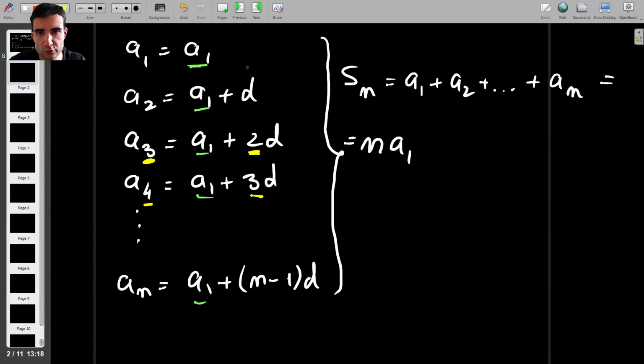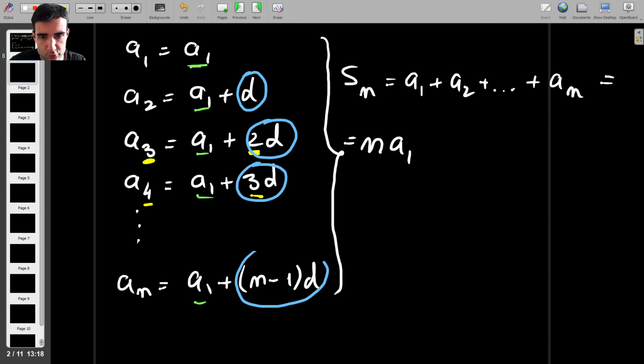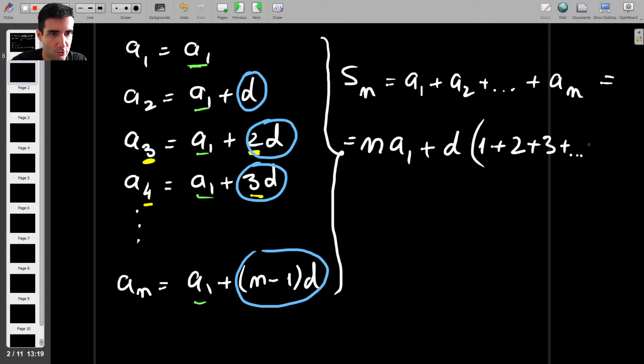And then we just have to add up the d. We have the d, then plus 2d, 3d, all the way up to n minus 1 d. So that's plus d times, once we factorize the d, 1 plus 2 plus 3 plus all the way up to n minus 1.